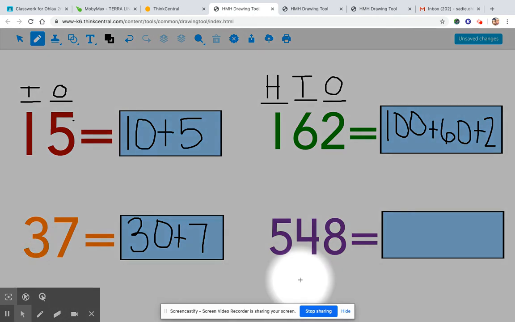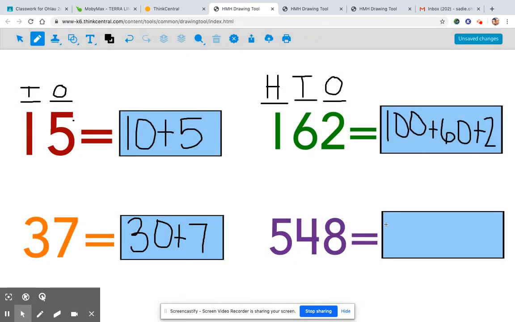And for our last number here, 548, I have a 5 in my hundreds column, 4 in the tens column, and 8 in the ones column. All right, let's write this in expanded notation. First of all, I have a 5 in my hundreds column. 5 hundreds equals 500. 4 tens equals 40.